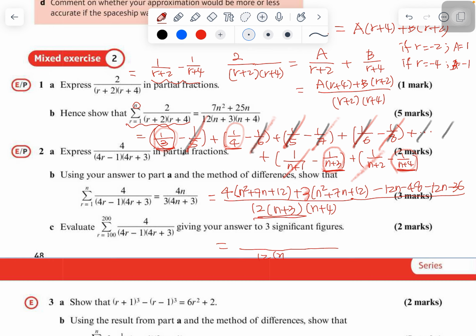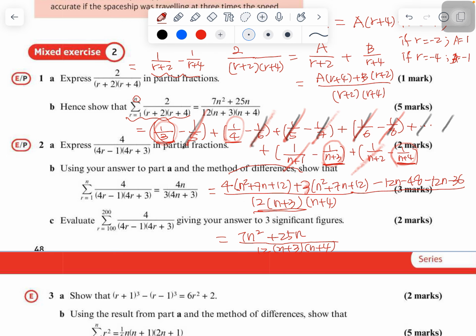So over 12 times n plus 3 times n plus 4, we have 7n squared plus 49n minus 24n minus 24n, giving 25n.